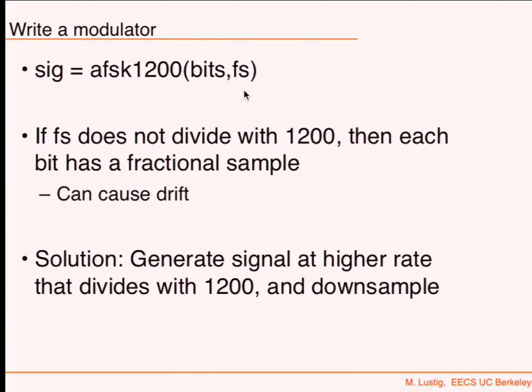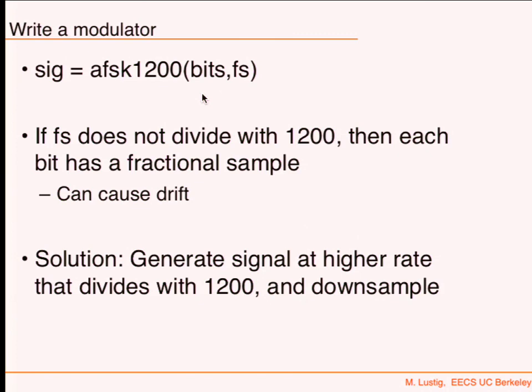Now, as it turns out, 48 kilohertz does divide by 1200, so it gives you a nice 40 samples per symbol. Okay, that's 48 kilohertz. But 44.1 doesn't.